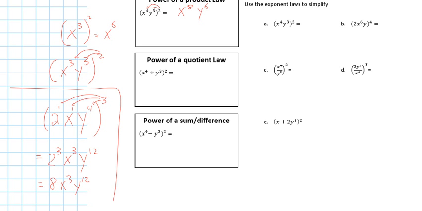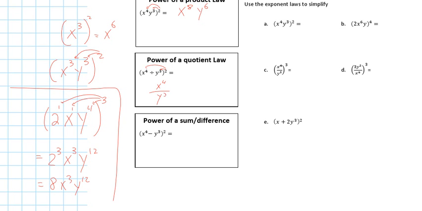Same thing goes for the quotient law, a power of a quotient, sorry. If I have division and I have an exponent outside, I'm still doing the same thing. I'm still multiplying my exponent by the exponent of the other terms. I personally don't like the division sign. I like to write it as a fraction.